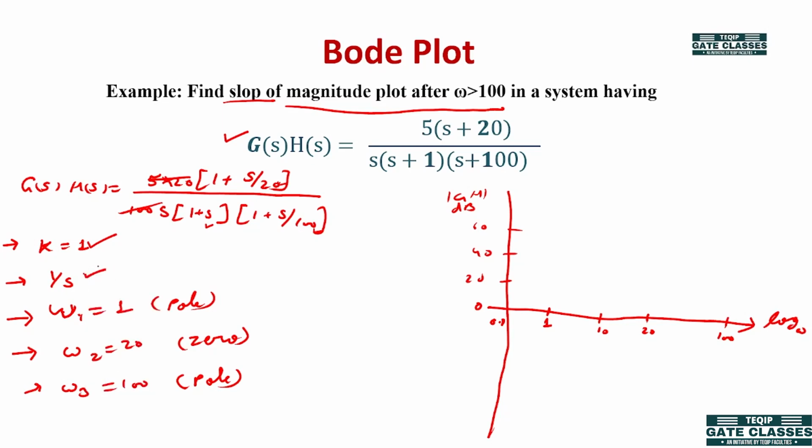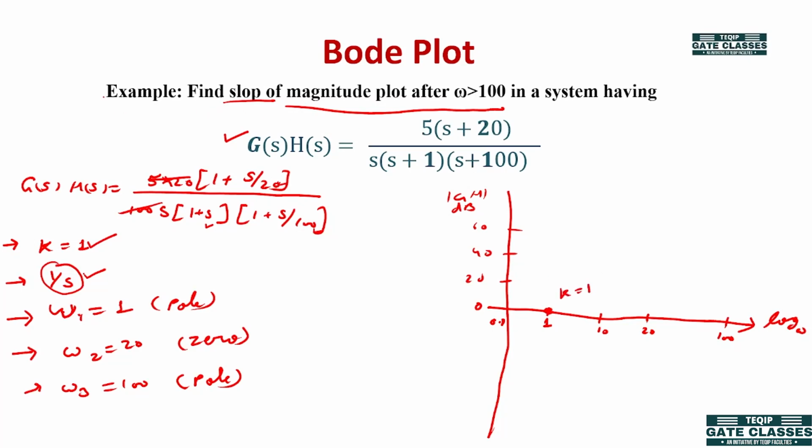dB per decade slope. So initially our slope, as we have a pole at origin, the initial slope would be minus 20 dB per decade, a single pole at origin. So we will have a slope of minus 20 dB per decade, and this will cut the 0 dB line at K equal to 1.